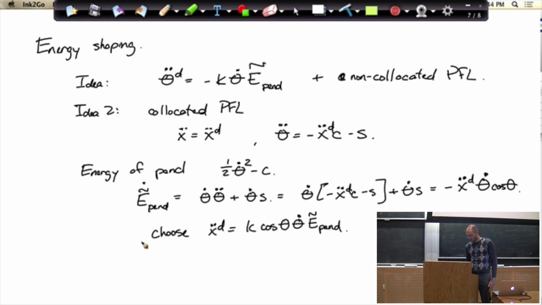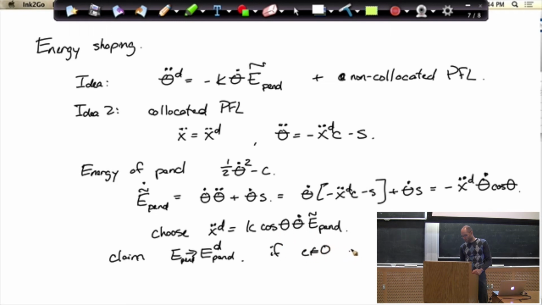Okay, and that's going to work very well in practice. And specifically, the claim here is that E is going to go to E desired, just for the pendulum, so long as cos theta does not equal 0 and theta dot does not equal 0 sort of infinitely often.